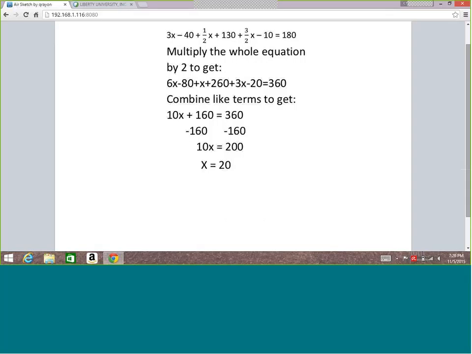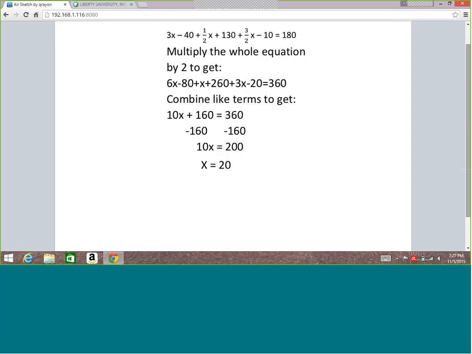So here's my equation. This is 3x minus 40, that's one of the angles. 1/2 x plus 130, another one of the angles, and then 3/2 x minus 10 is the third angle. So I took all three angles and I added them together and set it equal to 180. That gives me an equation, okay?